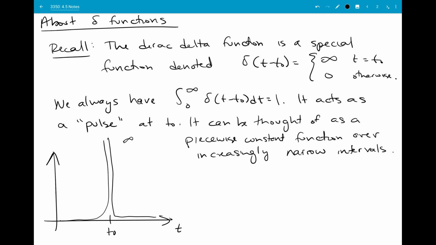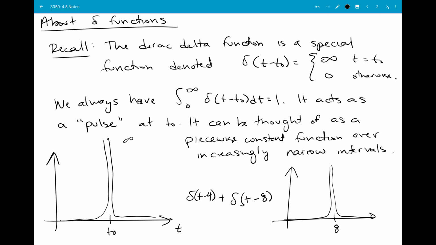And everything else about the delta function, it acts kind of like a normal function would. So let's say we've got delta of t minus 8. That's going to, right here at 8, do that thing. If we had delta of t minus 4 plus delta of t minus 8, what that's going to look like is, it does its thing up at 4, and then it does its thing again up at 8.